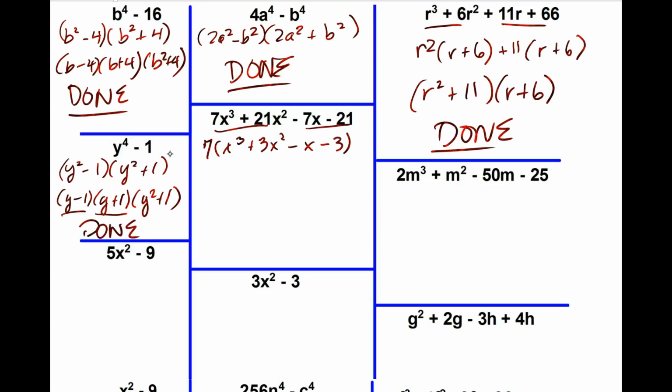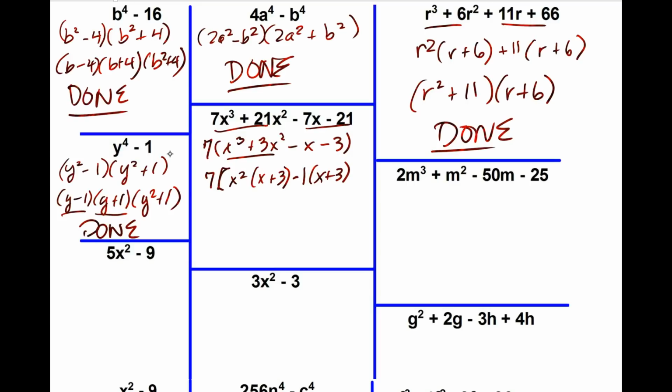And so I'm still factoring by grouping. So I have the 7 on the outside. I'll take out an x squared. Y'all might want to use the brackets just to show a different set of parentheses. So I take out an x squared and I get an x plus 3, and I take out a negative 1 and I'll get an x plus 3, right?